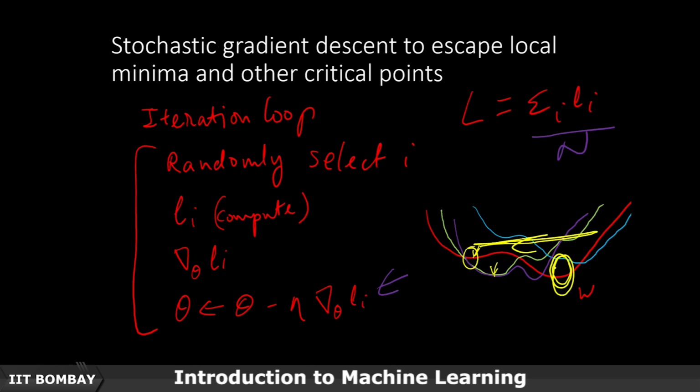That has been proven mathematically by assuming certain things about the smoothness of the loss function, and stochastic gradient descent has some nice properties that help you get to the global minima or within a tight band of the global minima.